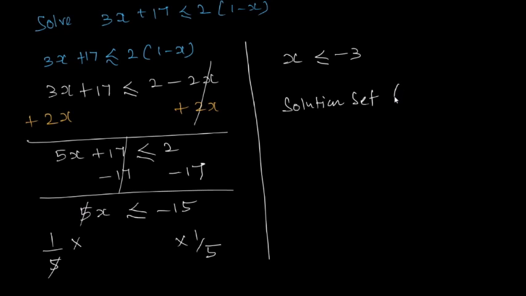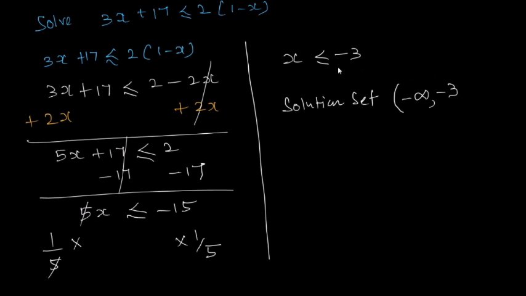is it not? So you can put a bracket like this indicating minus infinity to minus 4, minus 3, etc. Right? And you can put minus infinity and then up to minus 3, because it includes minus 3 also. It is less than or equal to, so you have to include minus 3.